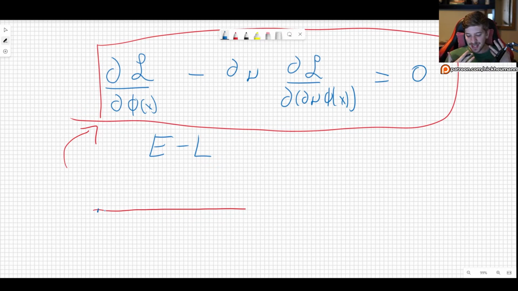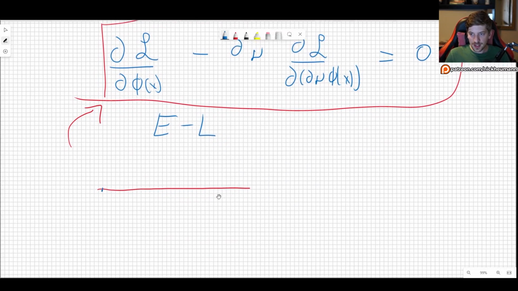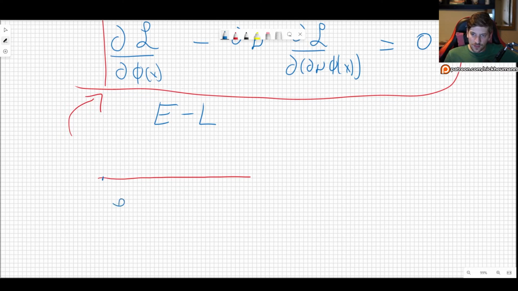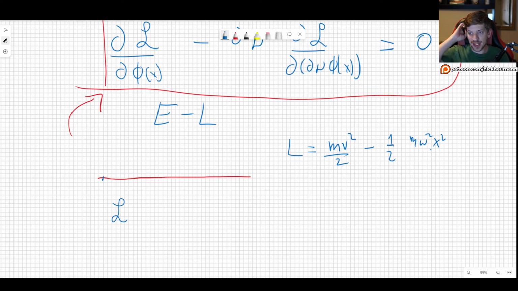This kind of makes you think of just a bunch of harmonic oscillators. So for that reason, we could think that the Lagrangian density somehow relates to the Lagrangian that we know for a harmonic oscillator, which is m v squared over 2 minus 1/2 m omega squared x squared. So that's what we had before.